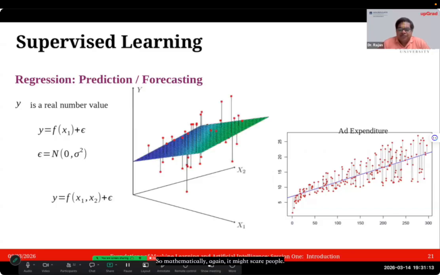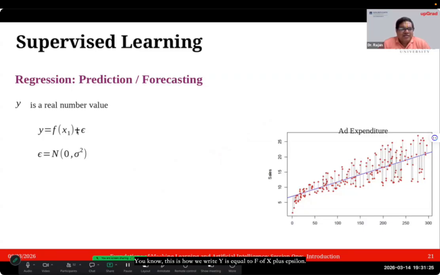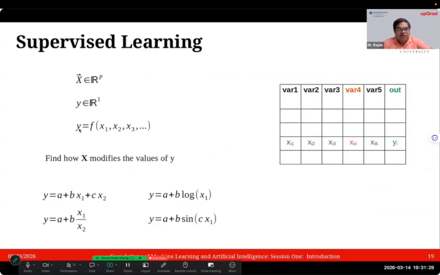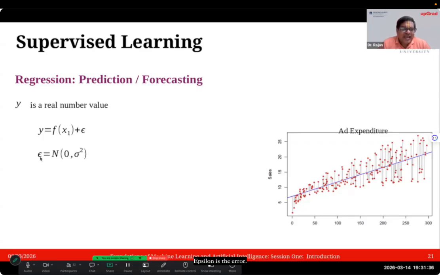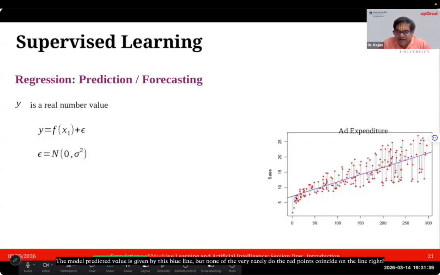Okay. So mathematically, again, it might scare people. This is how we write: y is equal to f of x plus epsilon. F of x is the model that we talked about in the previous slides, any of these kinds of equations, plus epsilon. What is this epsilon? Epsilon is the error. The model predicted value is given by this blue line, but very rarely do the red points coincide on the line.